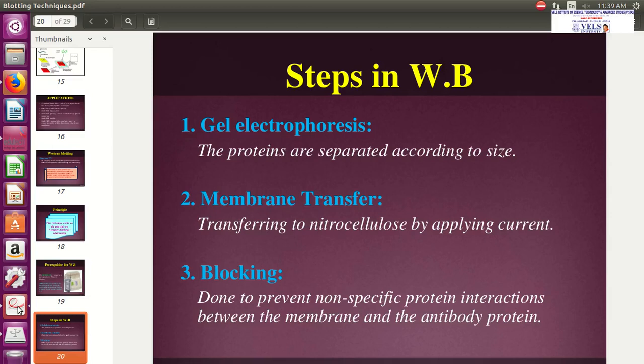Blocking here is done to prevent non-specific protein interactions between the membrane and the antibody protein.